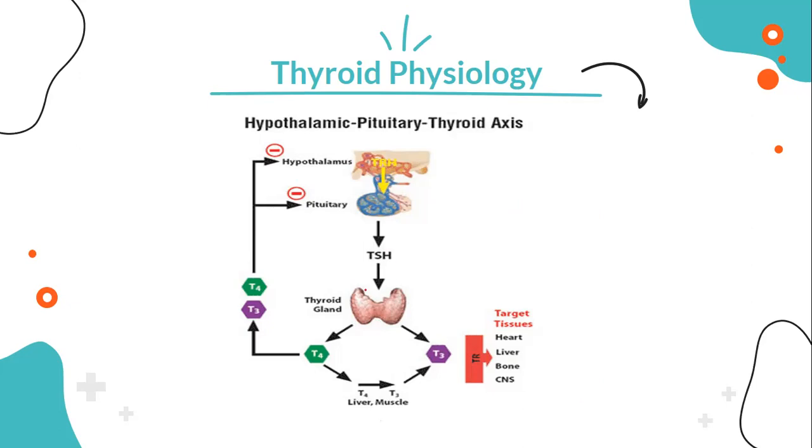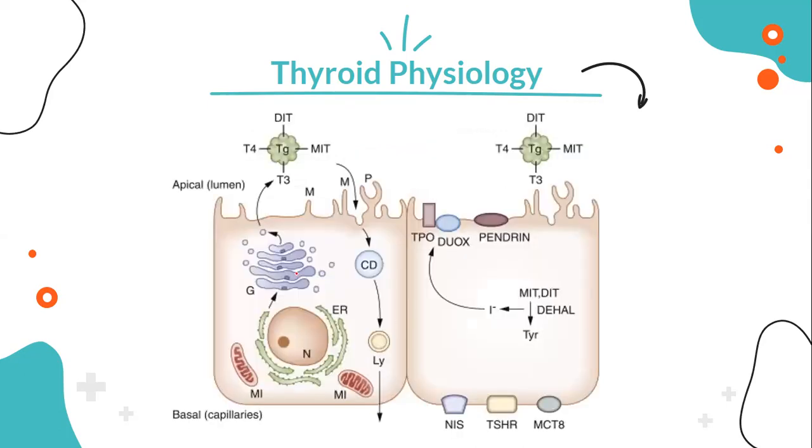Well, we got to this part. This TSH makes the gland produce both T3 and T4 hormones. But how does this happen? That's what we're going to take a look at next. So these are actually the cells that we were talking about, the follicular cells.